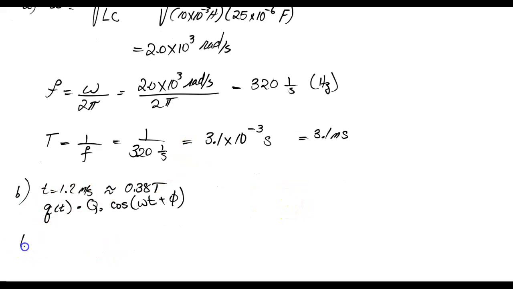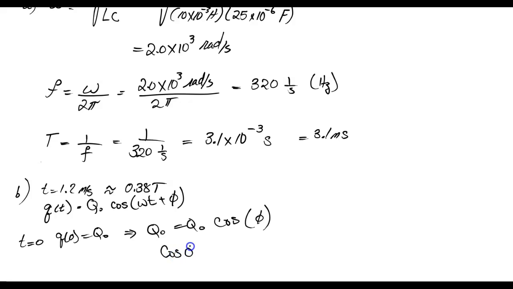So when t equals 0, q of 0 equals q naught. That implies that q naught equals q naught cosine of phi. So cosine of phi equals 1, which implies phi equals 0.